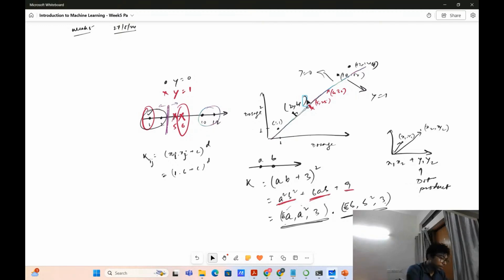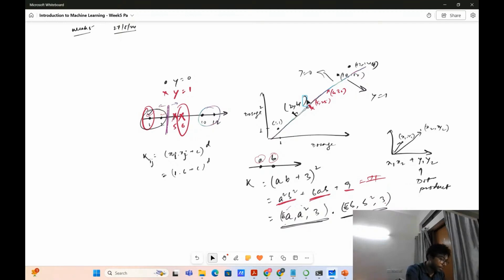So you can write this kernel. This kernel is just a value, right? Based on the values of a and b. Let's say a is 1 and b is 2. You can calculate the value of the kernel. This will just give you a number. But the way to think about this number is as a dot product between two vectors, right?